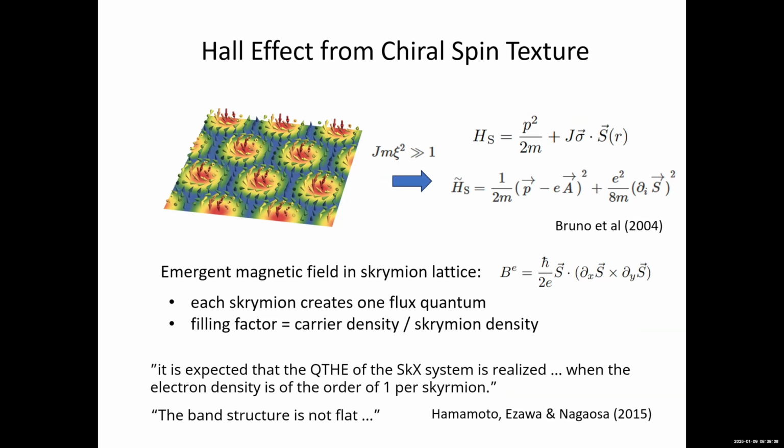So the low energy Hamiltonian, in the end, maps to a spinless particle moving in an emergent magnetic field together with a potential. The emergent magnetic field, which is the curl of this emergent vector potential, is directly related to the spin chirality, while the emergent potential is related to the spin stiffness, the gradient of spin in real space.